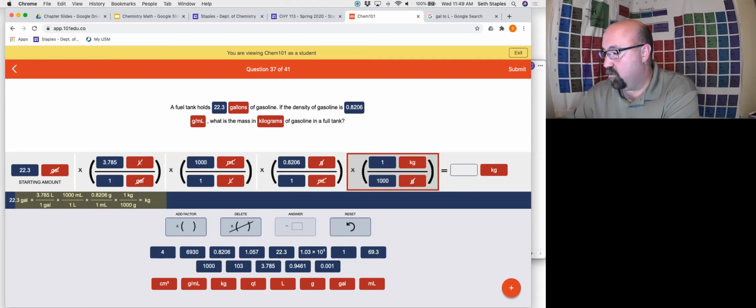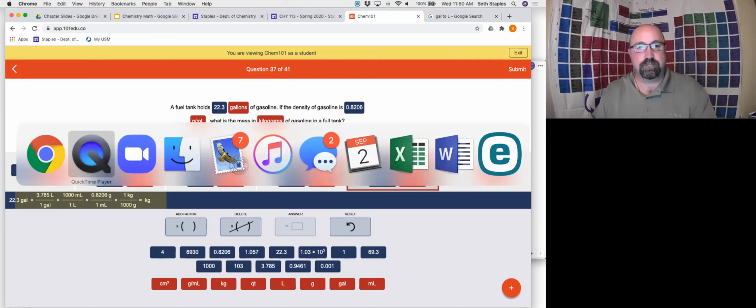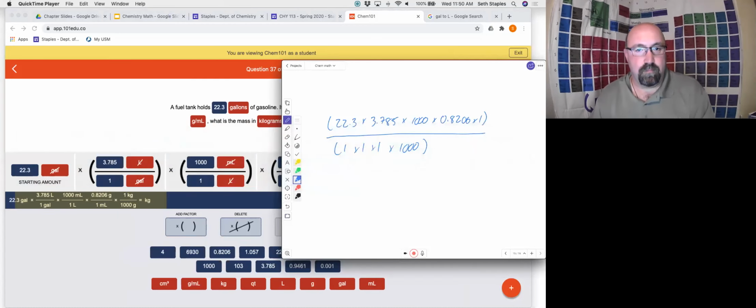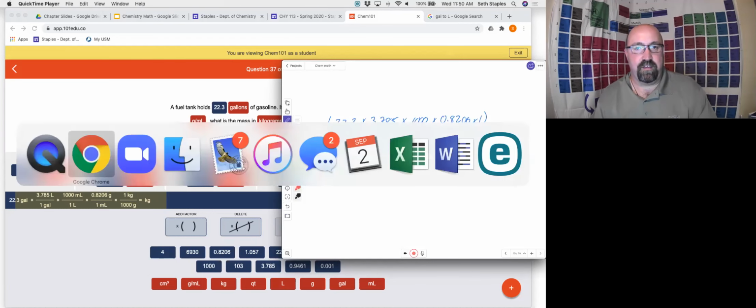We're going to take our 22.3 times 3.785 times 1,000 times 0.8206 times 1, all divided by 1 times 1 times 1 times 1,000. So it would look something like this. And that's what you would then put into your calculator.